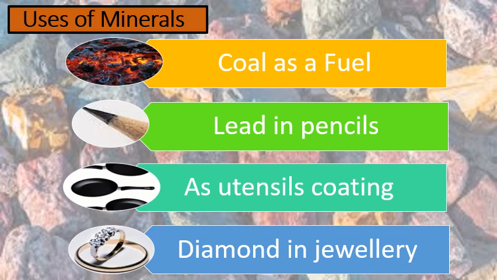For example, coal, natural gas and petroleum we are using as fuel. Sometimes we are using lead in pencils. Iron, aluminium, gold, uranium, etc. are also used in industries. We are using diamond in jewelry. We are also using minerals in medicines as well as in fertilizers.